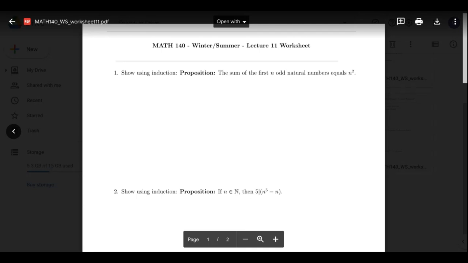Right, remember you have 3 steps, okay? First step, show P of 1. Second step, assume P of K or P of N. Junqi, you're missing P of 1.